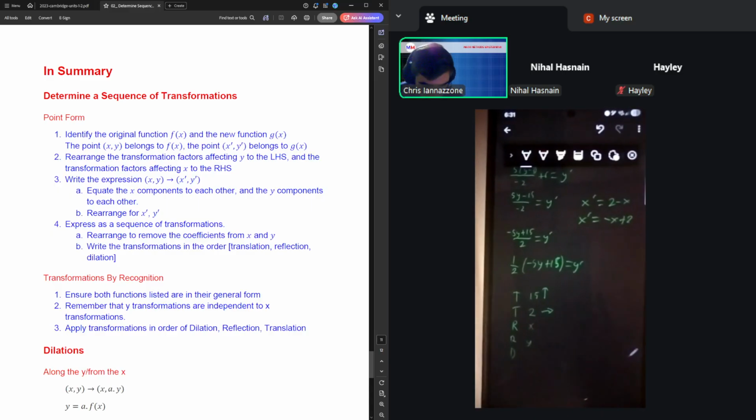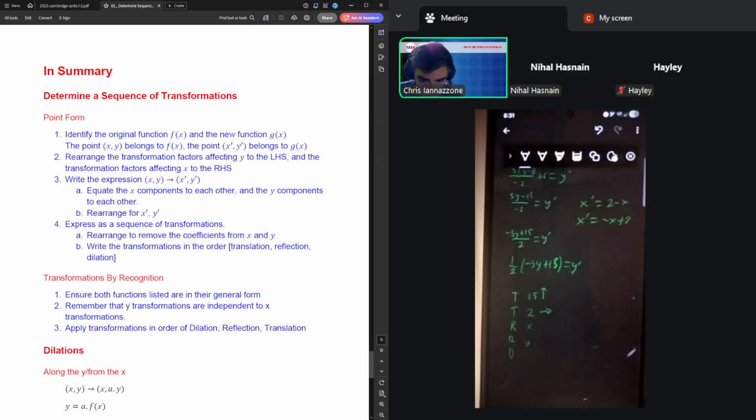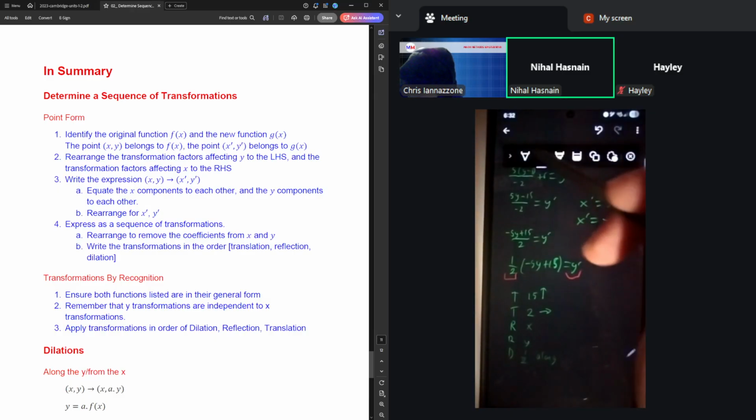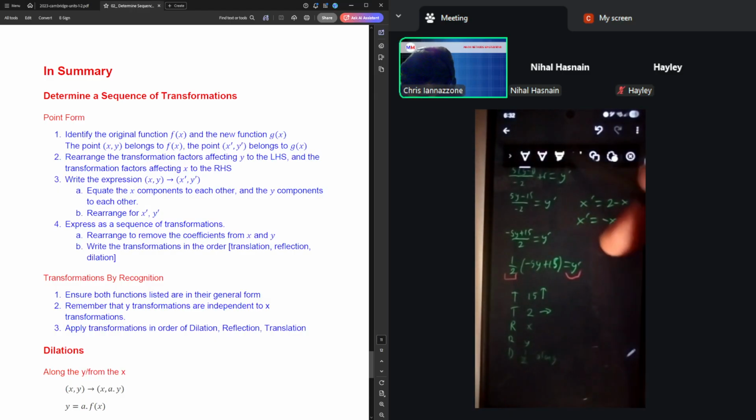And then our dilate. What's that going to be? Dilation by a factor of half along the x-axis. Along or from? The dilate half is from the y-axis.